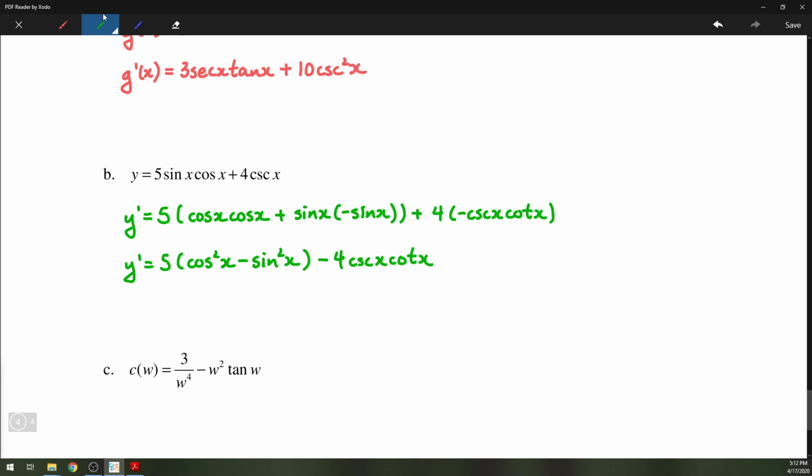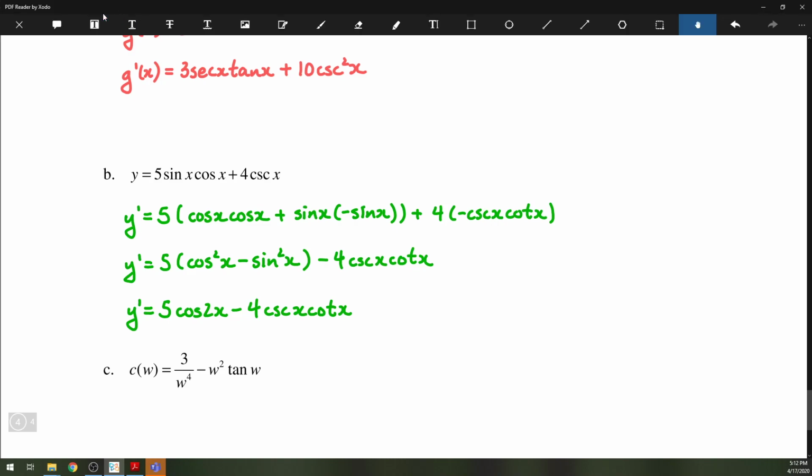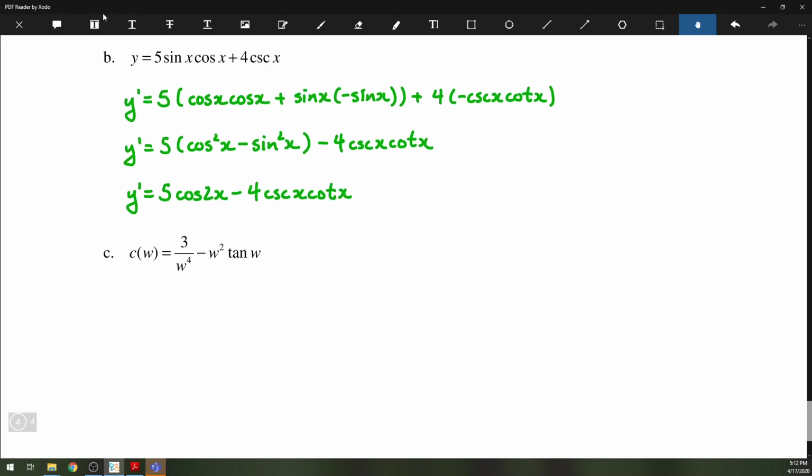And finally, you can apply the trig identity, and so you have 5 cosine 2x minus 4 cosecant x cotangent x. So nice tricky part at the end there where you have to apply the trig identity for double angles.